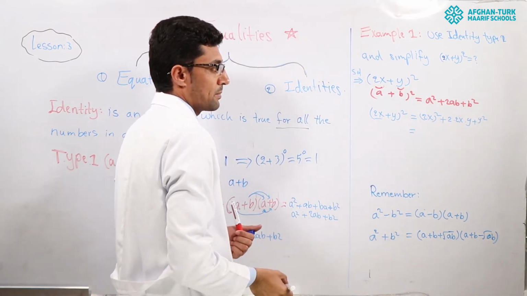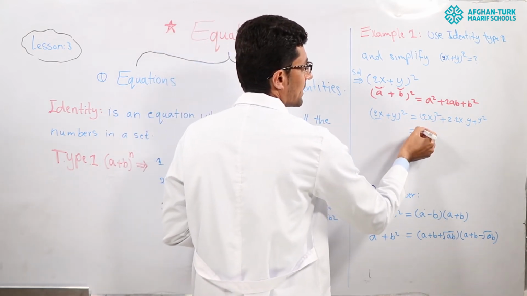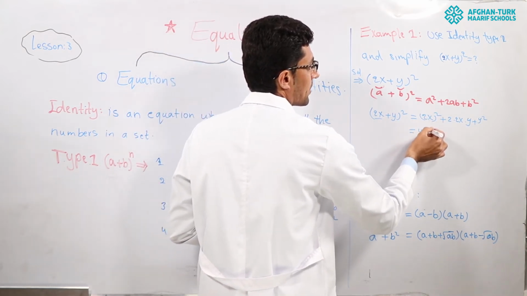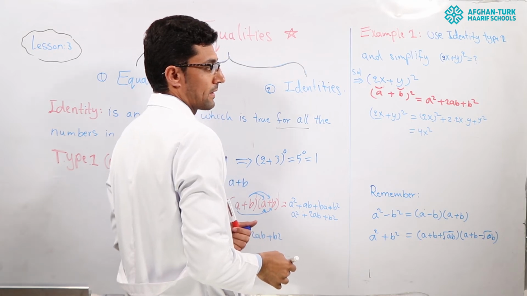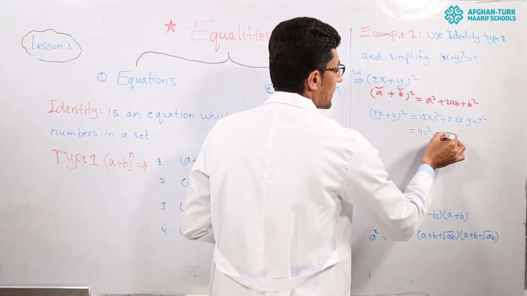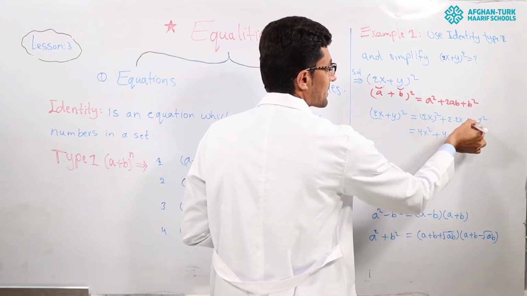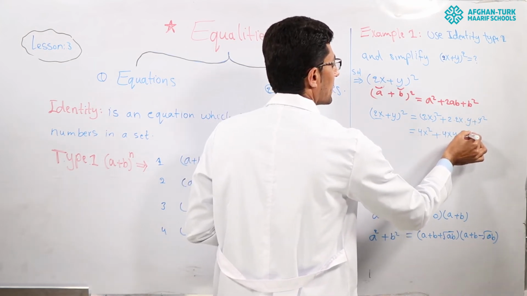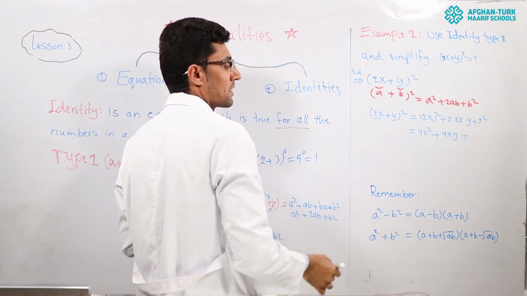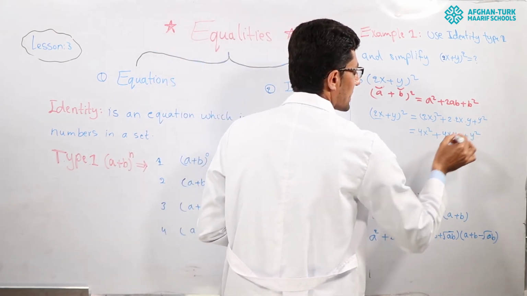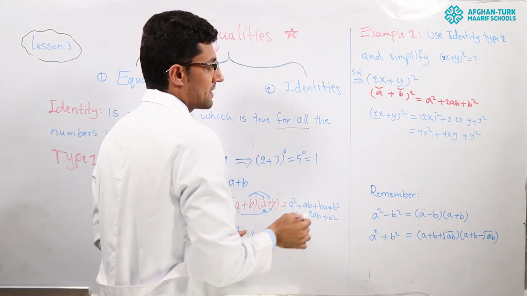I can simplify that. 2 to the power of 2 is 4. X to the power of 2 is x square. 4x square plus 2 multiple 2, 4. X multiple y, xy plus, what is next? Y square. Okay? And it is the answer.